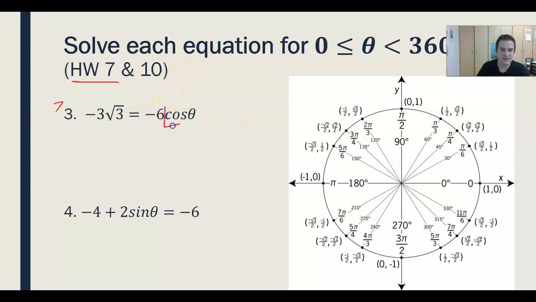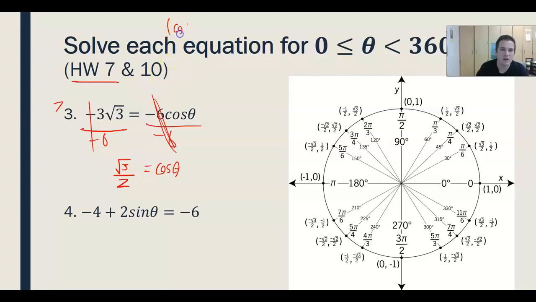So I need to get this cosine by itself before I do anything. So I'm going to go ahead and divide by negative 6 on both sides. So that means this will cancel, and I'll be left with cosine of theta equals, I'm going to reduce this fraction, negative 3 divided by negative 6. My negatives cancel. 3/6 reduces to 1/2. So cosine of theta is equal to the square root of 3 over 2.